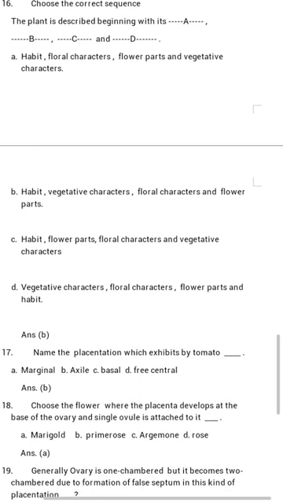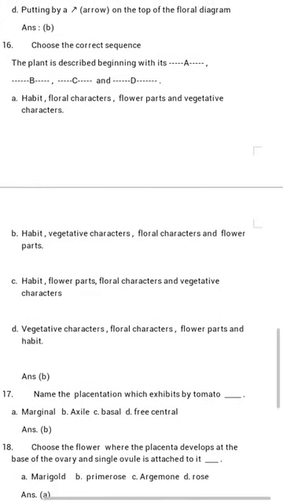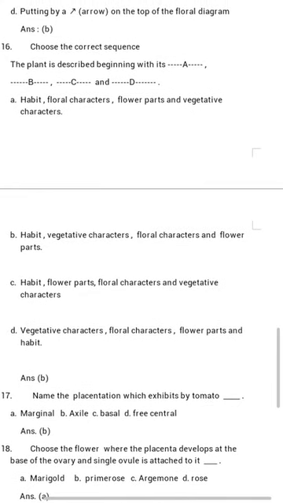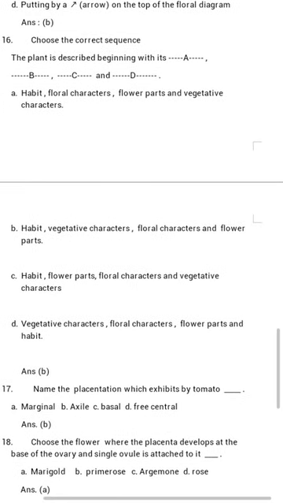Can anybody say? So here, after habit, generally we see some external characteristics. What are those external characteristics? Like root, stem, leaves, right? All this comes under vegetative characteristics. Next, after vegetative characteristics, after a certain period of the plant, the plant produces flowers.